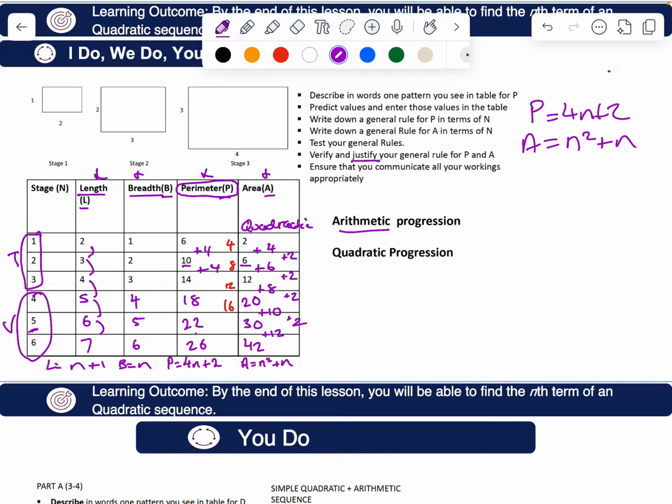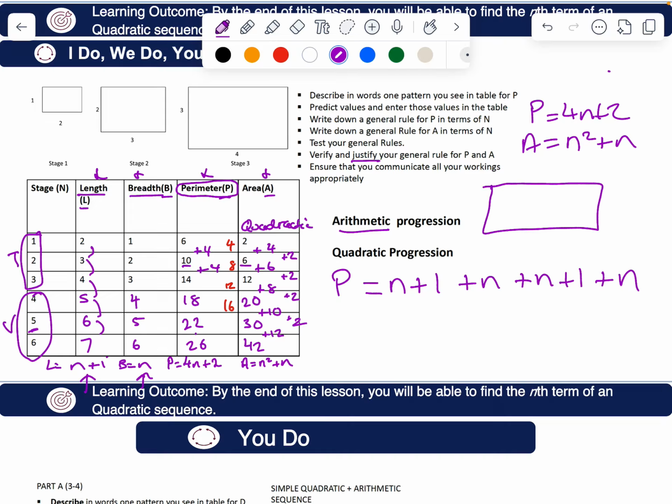Okay? So, how do you work out the perimeter of a rectangle? You add all the sides together. So, I'm going to add all the sides together, but I'm going to be using this as my length and this as my width. So, n plus 1 plus n plus n plus 1 plus n. It might help if I show you a visual of what I'm doing, okay? So I'm calling the sides n and n plus 1 instead.